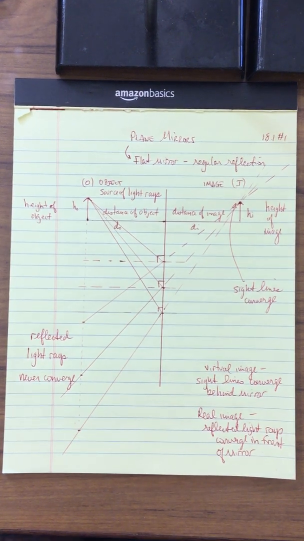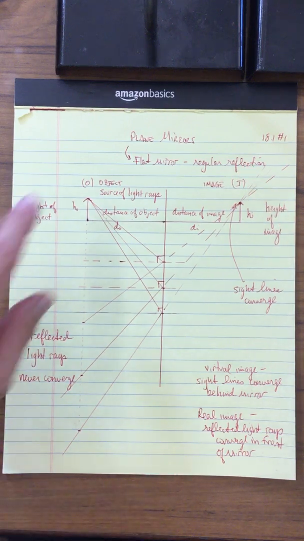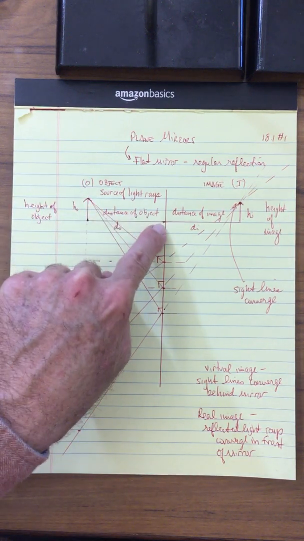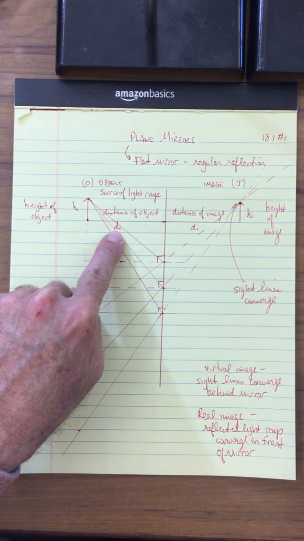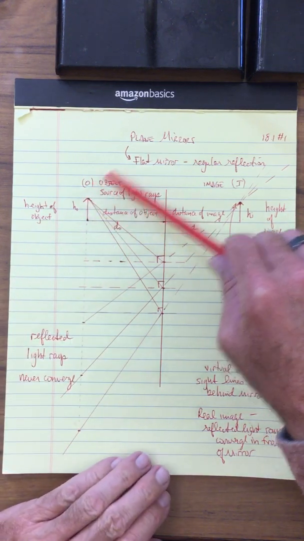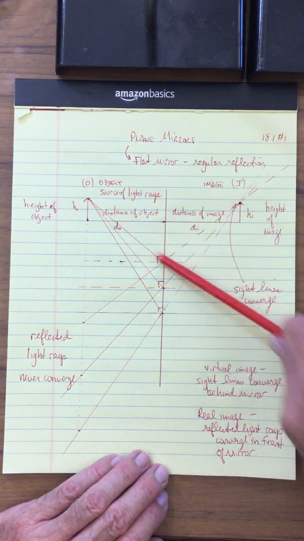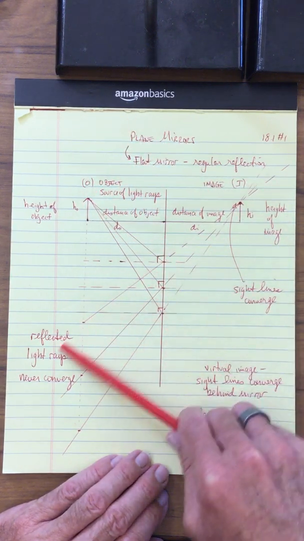So as a quick summary, we're looking at plane mirrors which provide regular reflections. We have the object, which is a distance away from the mirror. We have the height of the object and the distance of the object. Light is bouncing off of this object, and those light rays are what's going into the mirror.